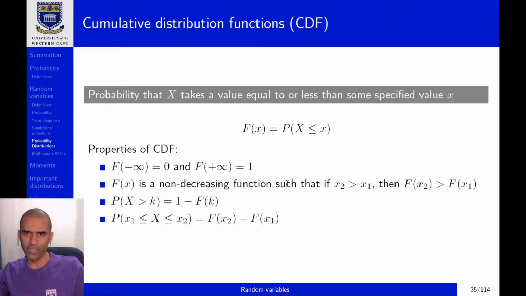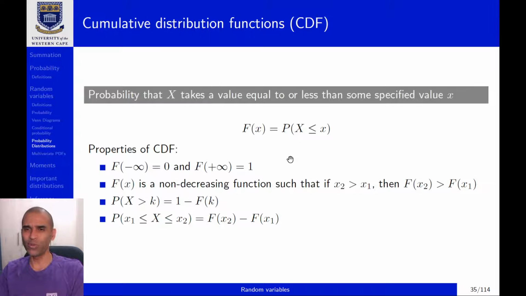So the cumulative density function is the probability that X takes a value equal to or less than some specified value x. Okay, the probability that X, the random variable, takes on some value less than or equal to some specific value for the random variable.